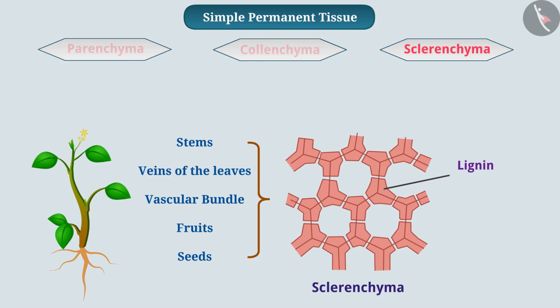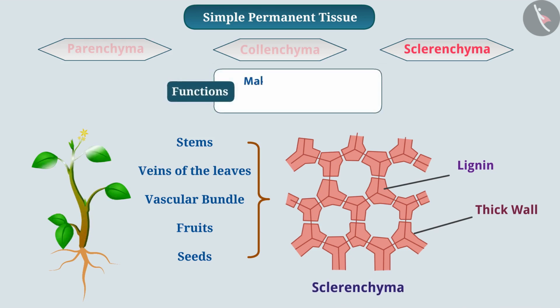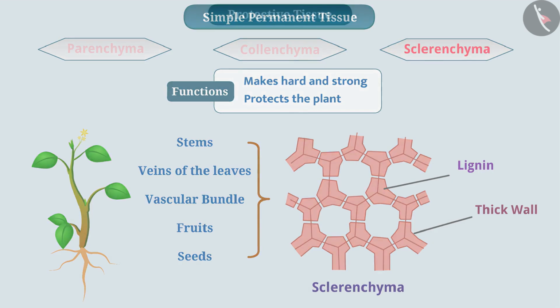Lignin is a chemical compound that attaches cells to each other. Due to lignin, the walls of cells are very thick and there is no internal space between the cells. Therefore, sclerenchyma makes the plant hard and strong, and sclerenchyma protects the plant.